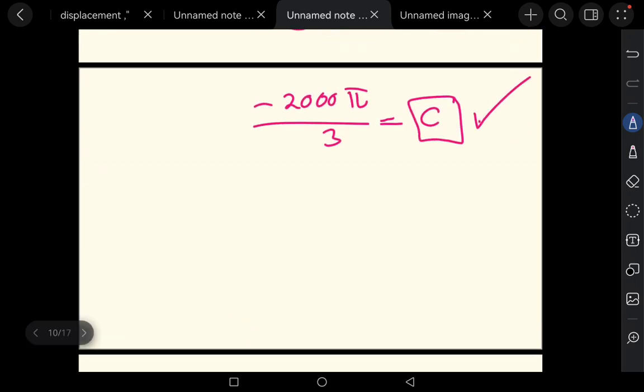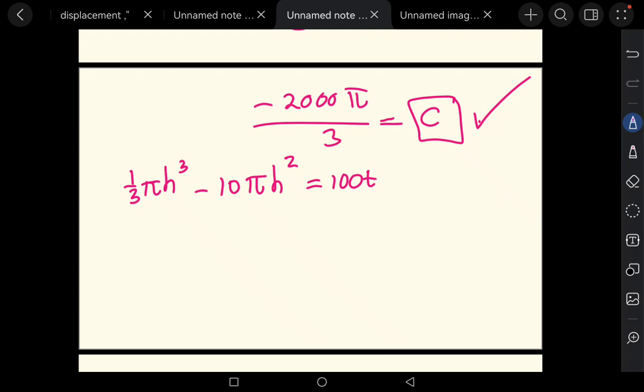So we have before 1/3 pi h cubed minus 10 pi h square equals 100t plus c. And c equals 1/3 pi h cubed minus 10 pi h square minus 100t.